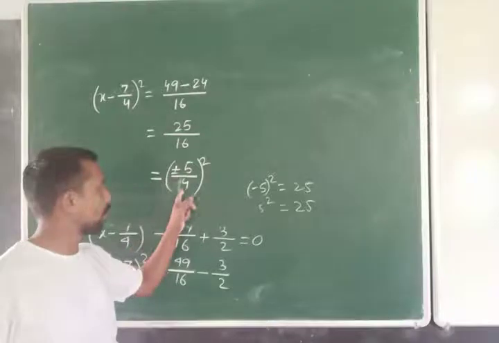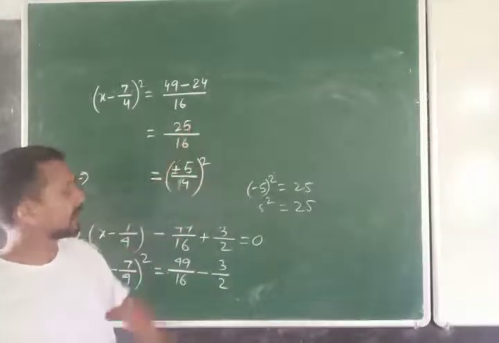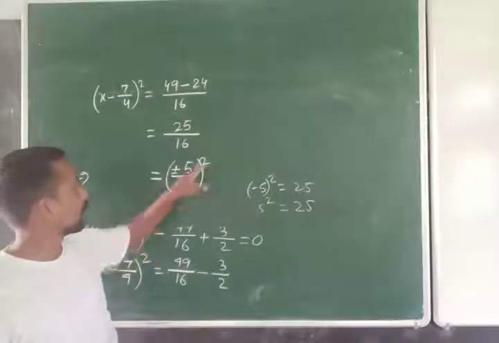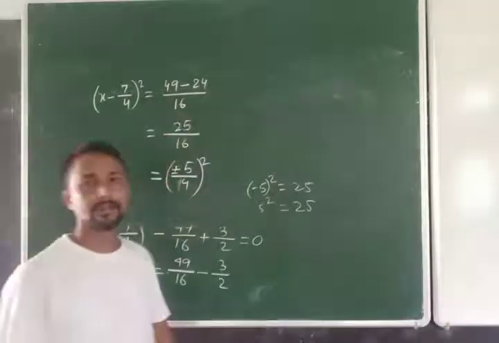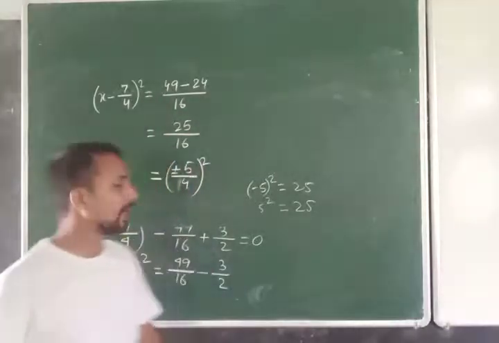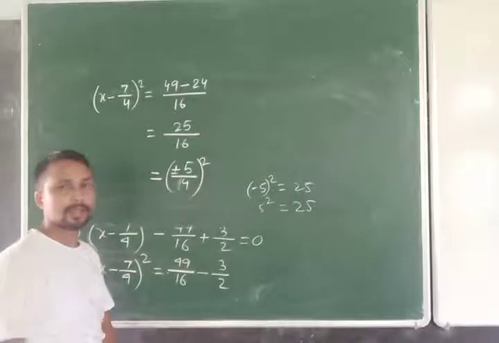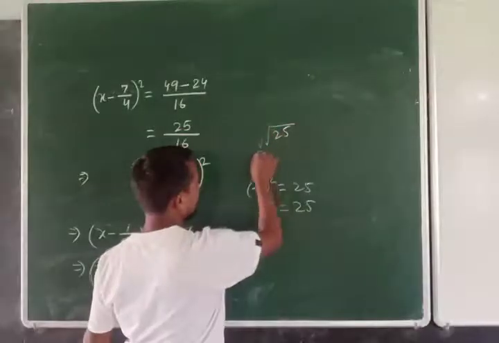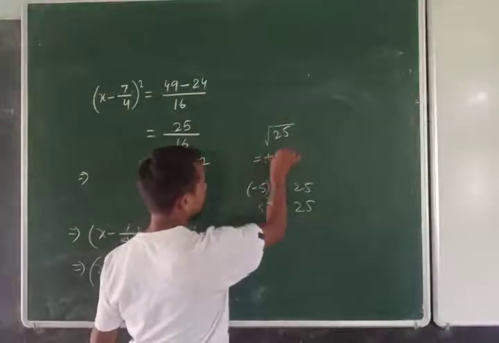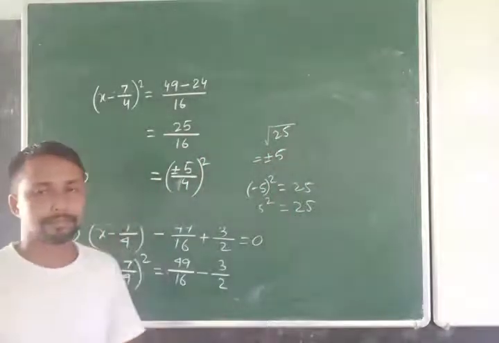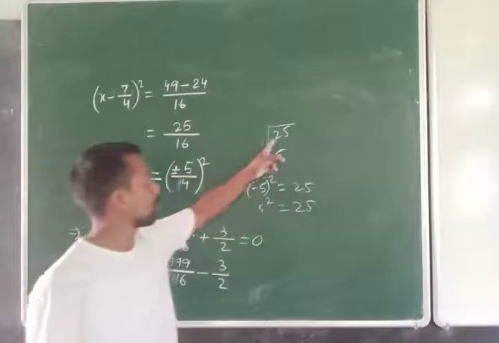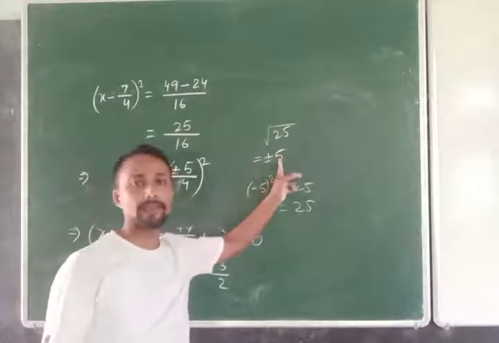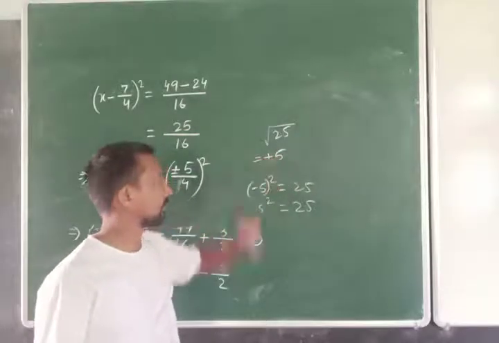Minus 5 by 4 whole square is 25 by 16, and plus 5 by 4 whole square is also 25 by 16. Therefore, we must write plus minus. But not in the case of a square root. The square root of 25 cannot be plus minus 5. The square root of 25 is just 5, positive 5, not negative.